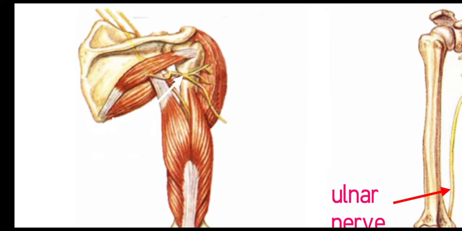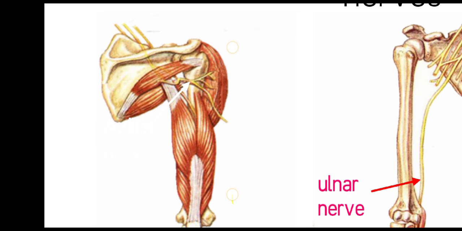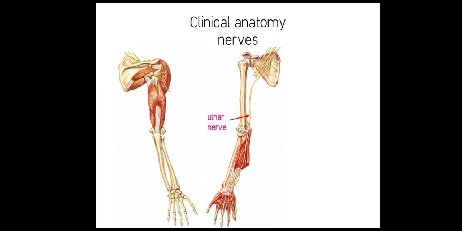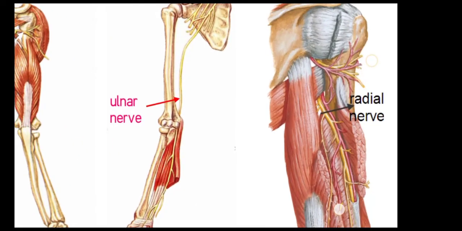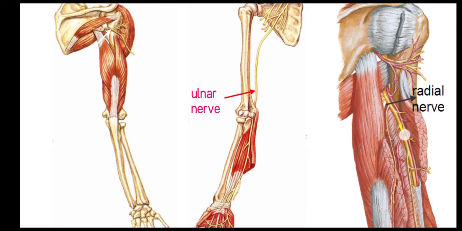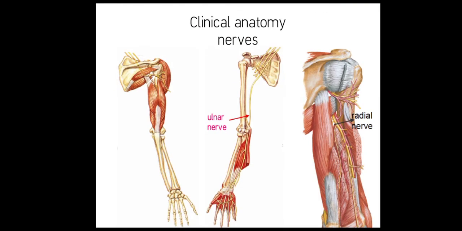If there is any damage to the surgical neck of the humerus, axillary nerve would get damaged. What muscle it supplies and what happens when the axillary nerve gets damaged, we'll study in regional anatomy when we study the muscles completely. Here we can see the radial nerve. It mostly gets damaged due to damage of the shaft of the humerus.